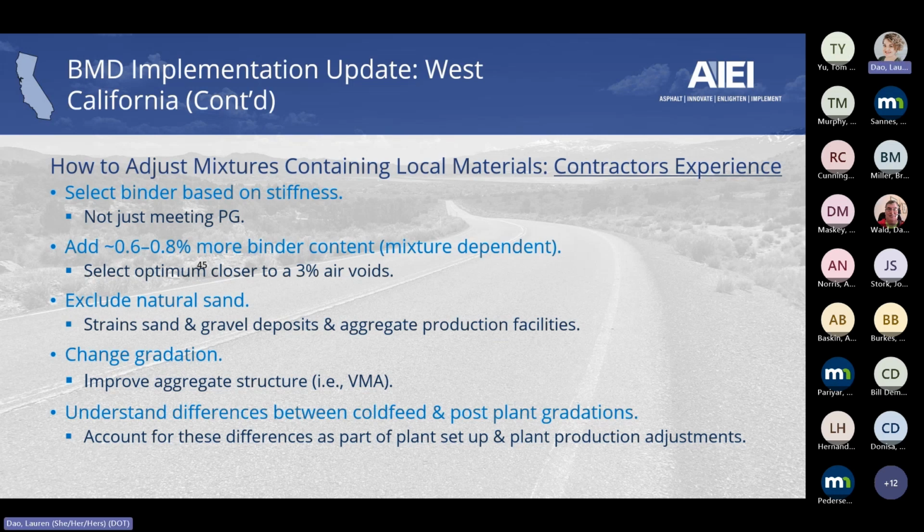And then improve the aggregate structures to increase your VMA, and understand some of the differences in the aggregate gradation between the cold feed and the post-plant gradation, because some of those aggregates may break down when they go through the plant and generate some dust. And with additional dust, that may lead to cracking problems.